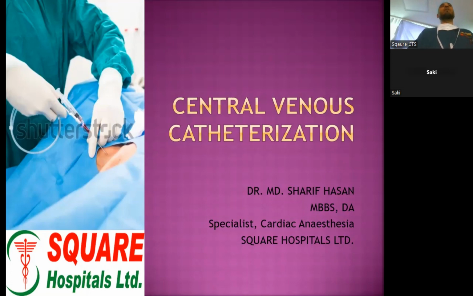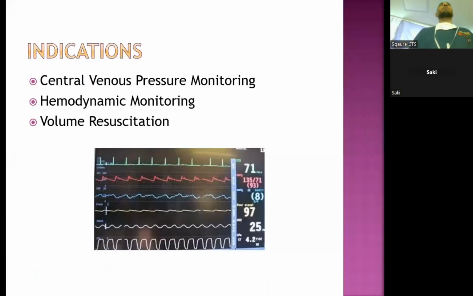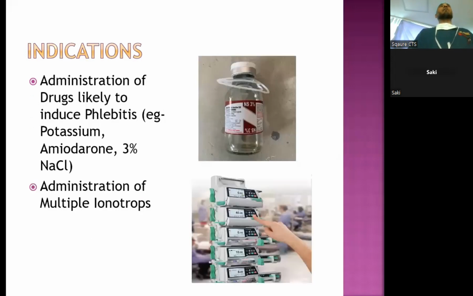First of all, we'd like to start with the indications. In general, central venous catheterization is indicated for central venous pressure monitoring, hemodynamic monitoring, and volume resuscitation. Then, most important, administration of drugs likely to induce phlebitis, like potassium, amiodarone, and 3% sodium chloride.